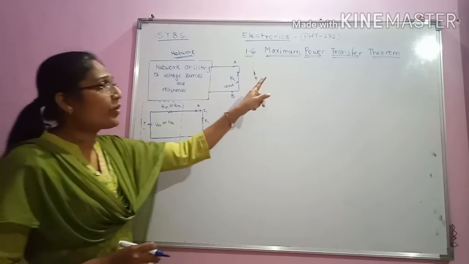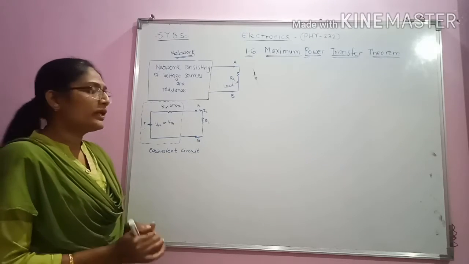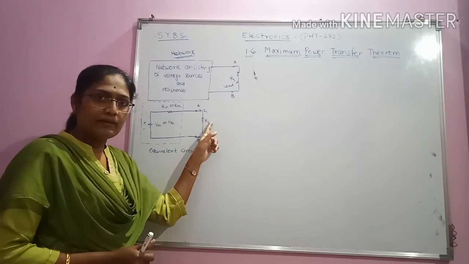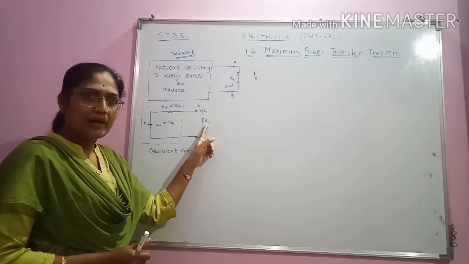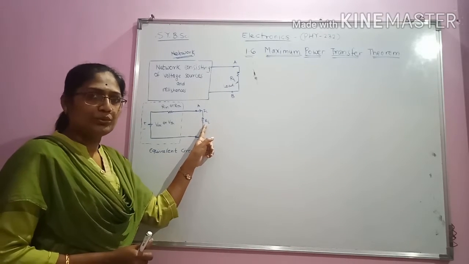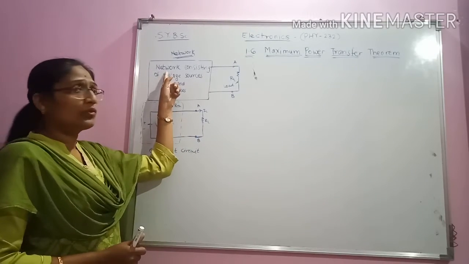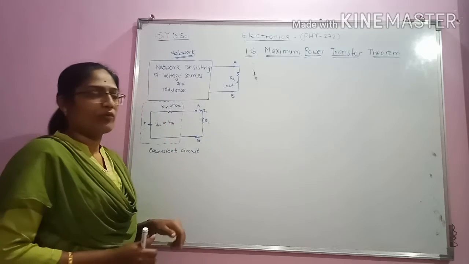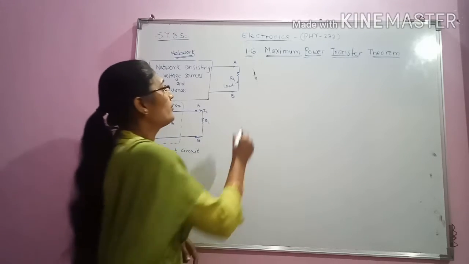So the maximum power transfer theorem states that the power delivered to load RL will be maximum if the value of RL is equal to the internal resistance of the network which delivers the power. What is the statement of the maximum power transfer theorem?